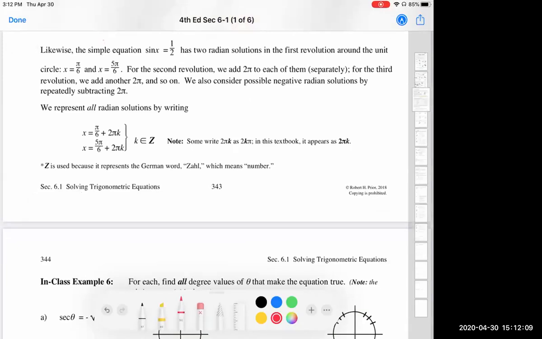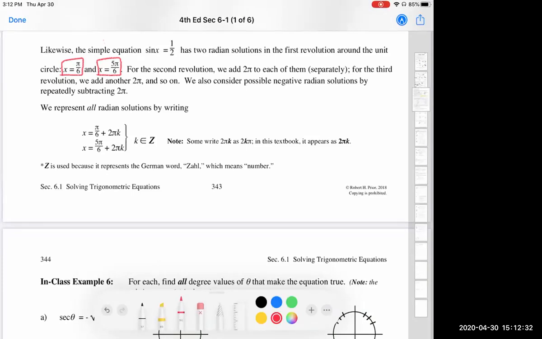Likewise, the simple equation sine x equals 1/2 has 2 radian solutions for the first revolution around the unit circle. We have x equals pi over 6, and x equals 5 pi over 6. For the second revolution, we add 2 pi to each term separately. For the third revolution, we add 2 pi again, and so on.